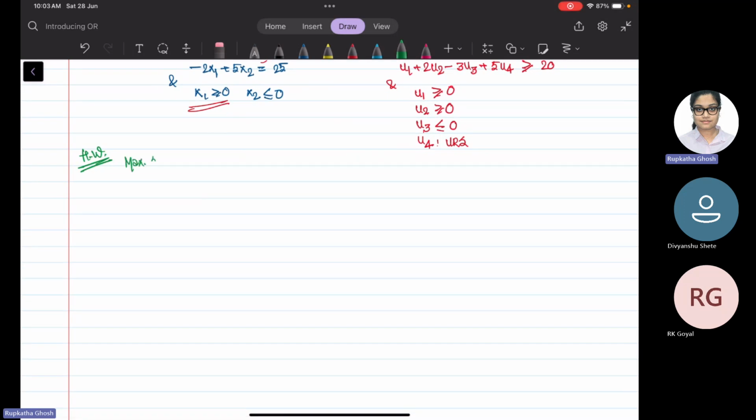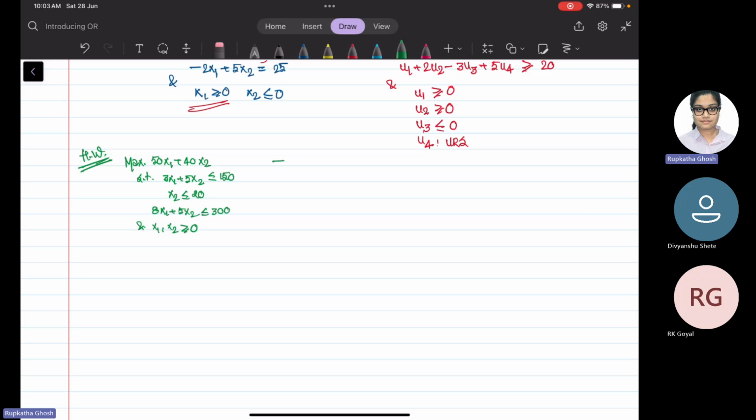So let's say you have a maximize 50x1 plus 40x2 subject to 3x1 plus 5x2 less than equal to 150, x2 is less than equal to 20, and 8x1 plus 5x2 less than equal to 300. And x1, x2 is greater than equal to 0, okay?